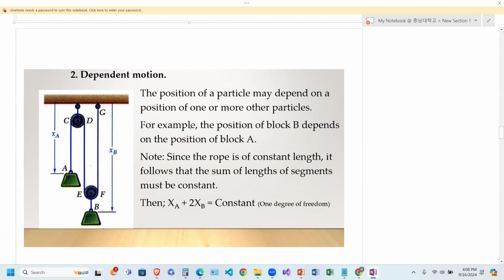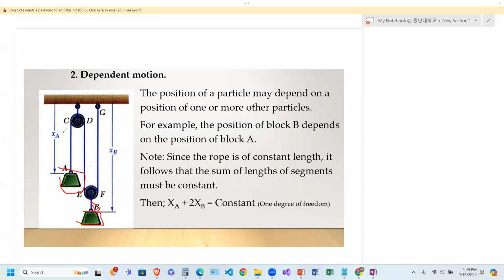For example, the position of block B right here will depend on block A, since these are connected by one rope. Since the rope is of constant length, it follows that the sum of the lengths of the segments must be constant. It means that if we sum all these up, it must be equal to a constant.